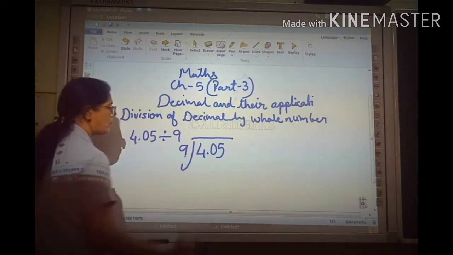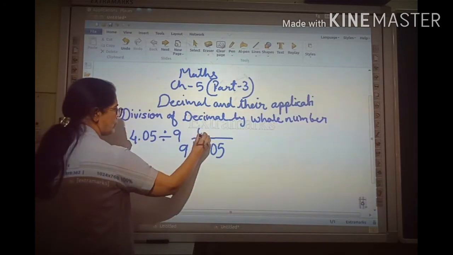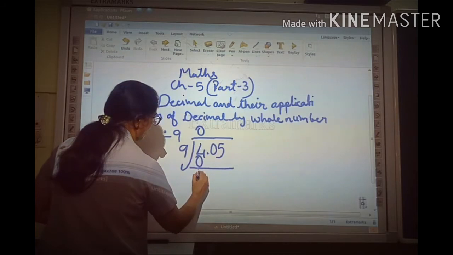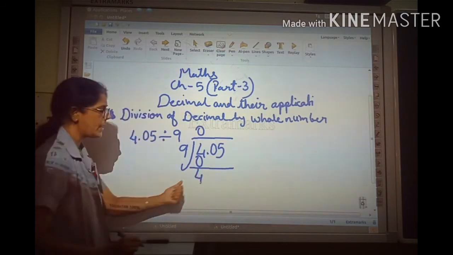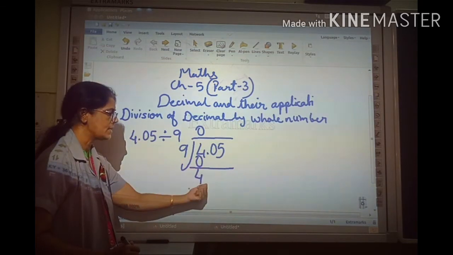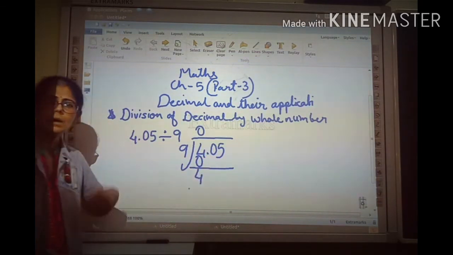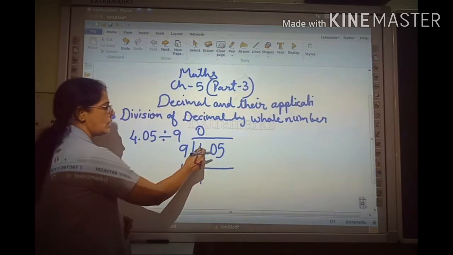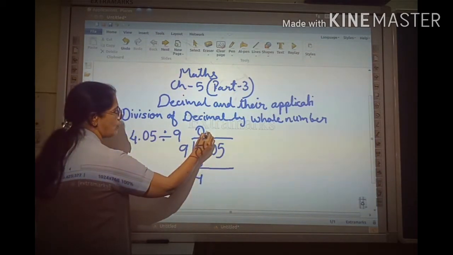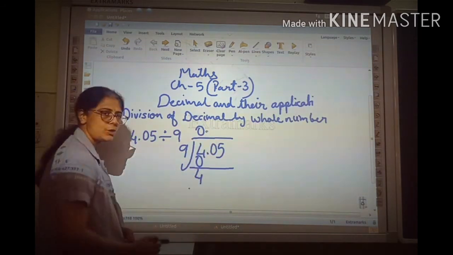9 we cannot divide with the 4, so first what we will do? 9 zeros are 0. If I cut 0 from the 4, what I will get? 4. Now I have to take down the next number, that is 0, and that number is after the decimal. Before dividing with the number after the decimal, I first have to place the decimal at the quotient place.